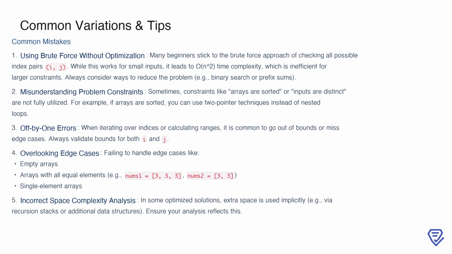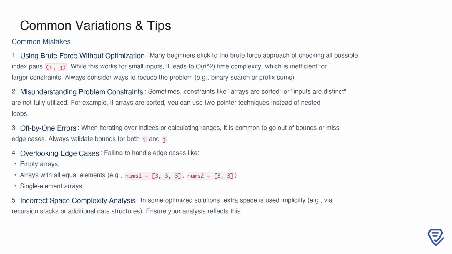Another frequent mistake is misunderstanding the problem constraints. For instance, if the arrays are sorted, you can leverage this property with a two-pointer technique rather than using nested loops. Additionally, off-by-one errors are a common pitfall when iterating over indices or calculating ranges. Always ensure that you're within valid bounds for both i and j.